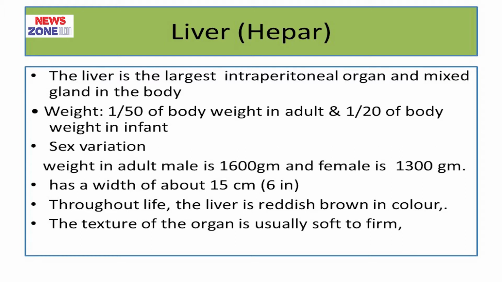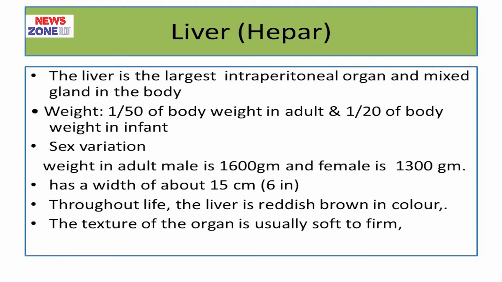In adults, the weight of the liver is about 1/5 of the individual's body weight, and in children 1/20 of their body weight. In terms of sex variation, in males the weight is about 600 gram, and in females it is about 1300 gram. The average length of the liver is 15 centimeters, and the color throughout life is reddish brown.